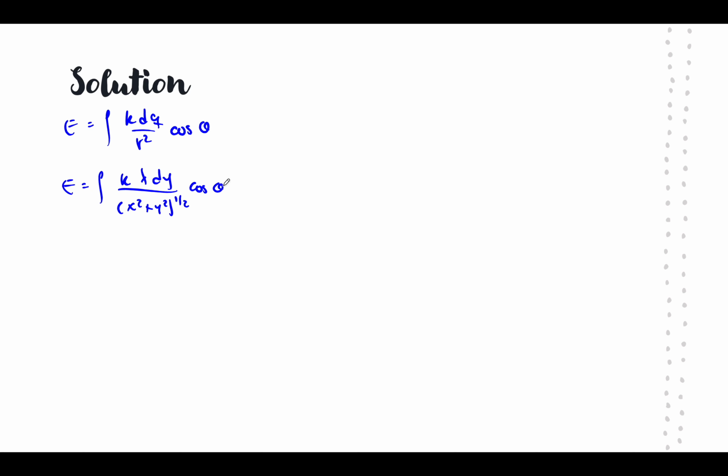Now here we have two options. We can either change theta in terms of y, or we can change y in terms of theta, right? Either one. So I'm going to go with the second option and go with y in terms of theta.